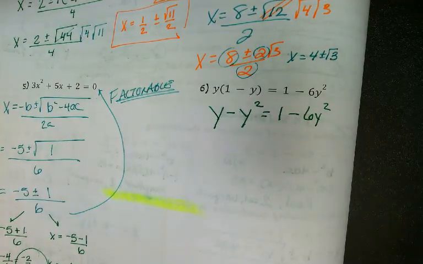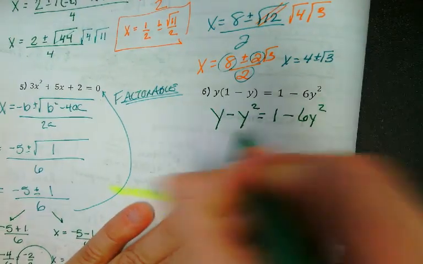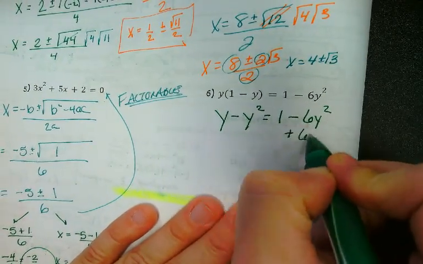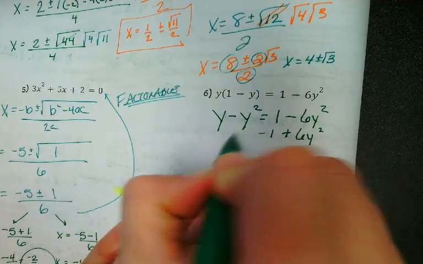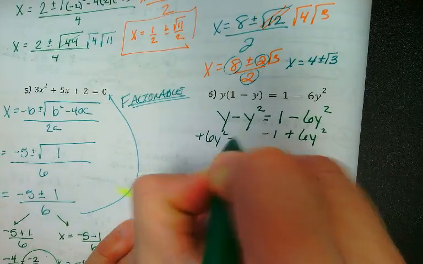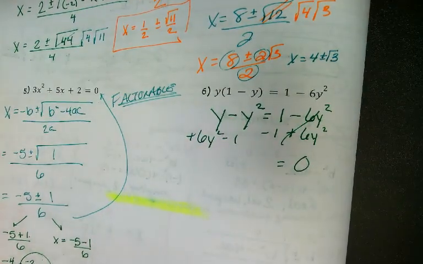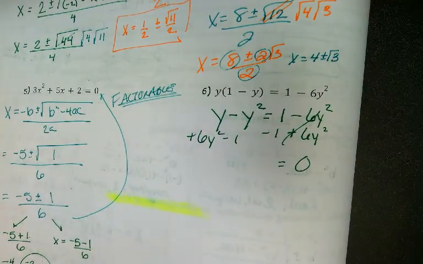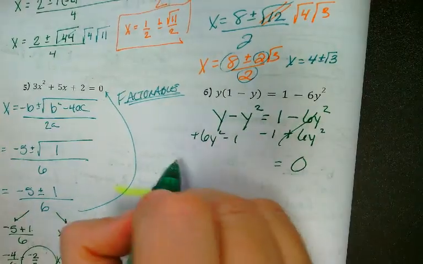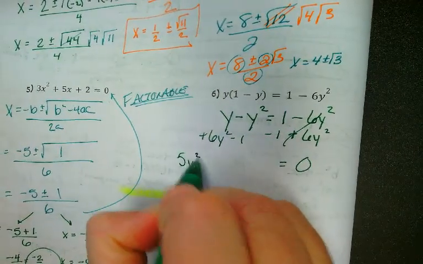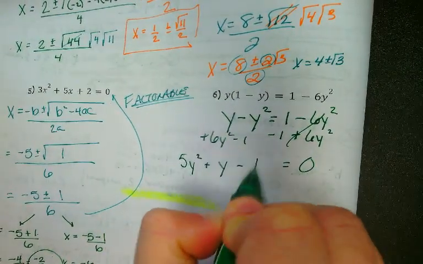But I'm going to keep with the idea that I like my y squared positive, so I'm going to bring them over to this side. I'm going to add my 6y squared and subtract my 1. So my 0 is on this side. Now again, it truly does not matter because we're just throwing these numbers in the formula. So I'm going to end up with a positive 5y squared plus a y minus a 1 equals 0.